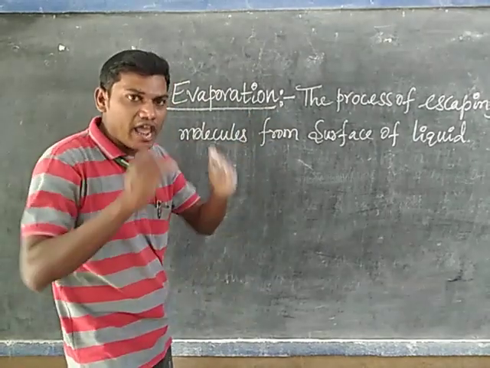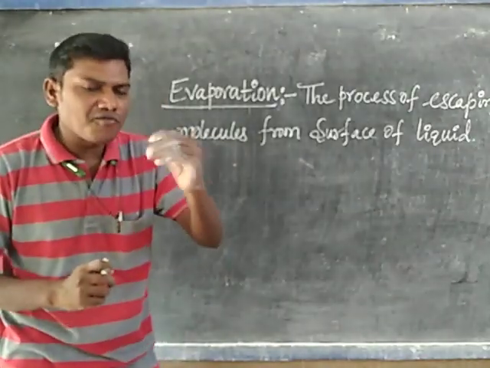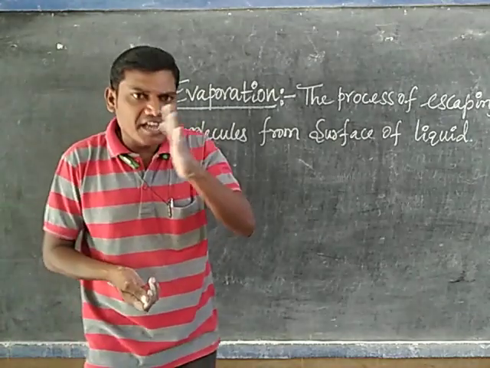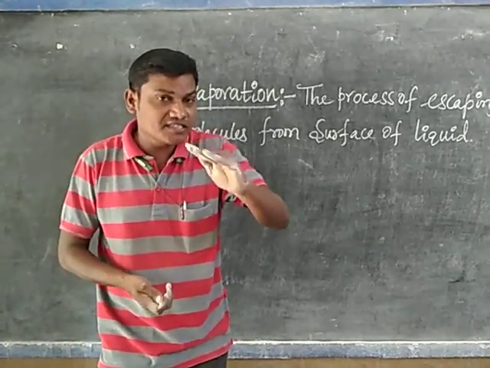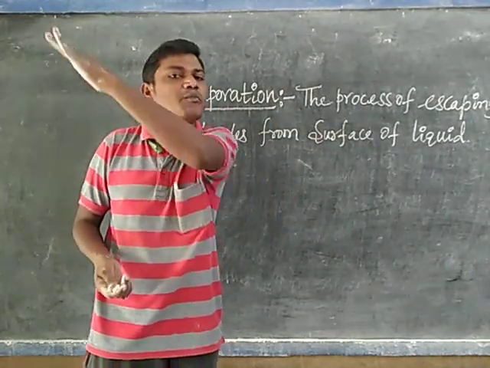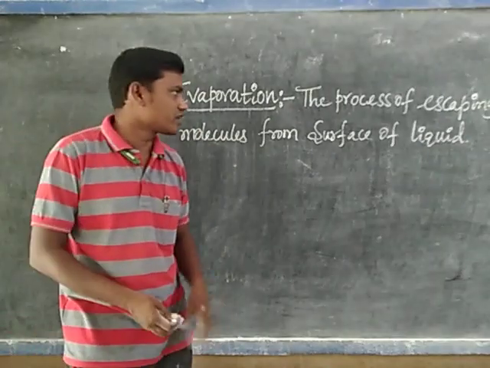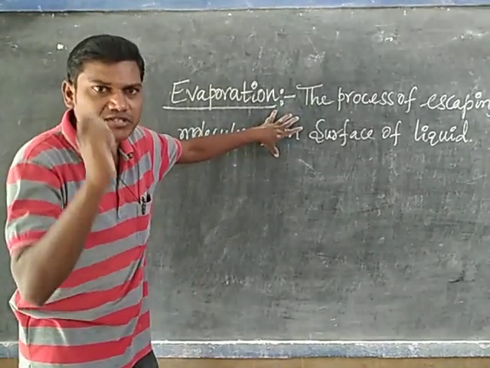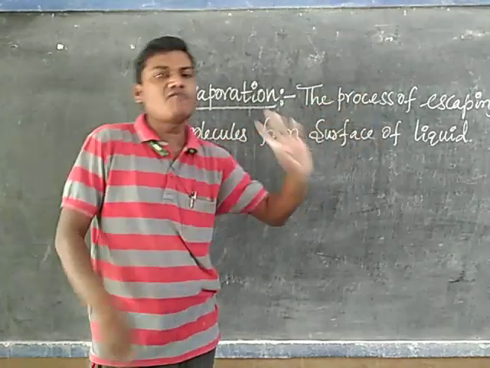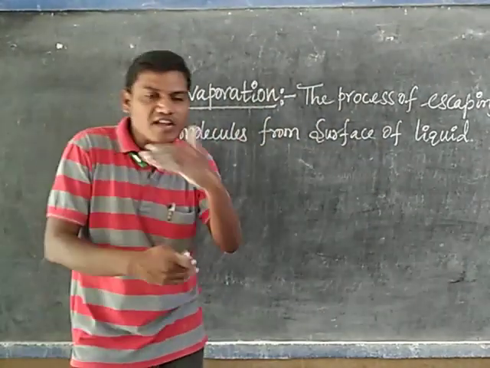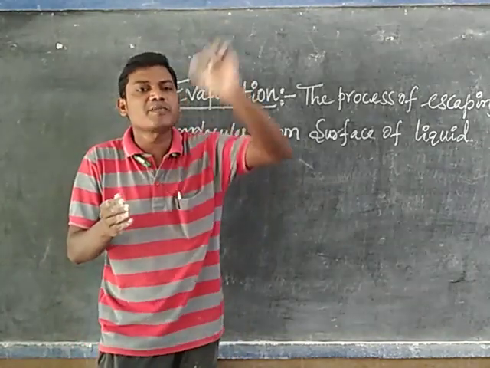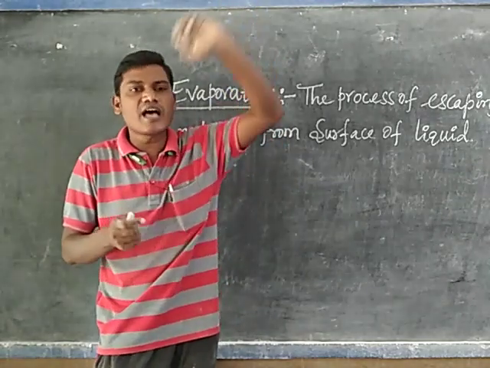In another way, evaporation is a type of vaporization. In this process, the liquid phase of a substance changes into the gaseous phase at any temperature below the boiling point. Listen very carefully. The main definition is the process of escaping of molecules from the surface of a liquid. The other definition: evaporation is one type of vaporization, where vapor is liquid converted to the vapor state.